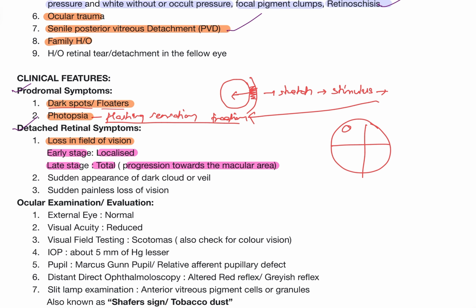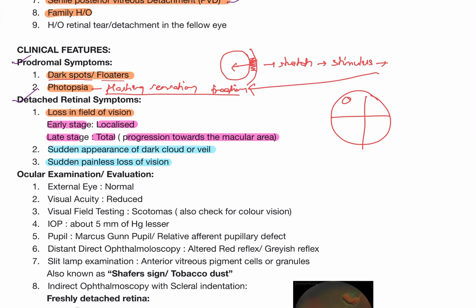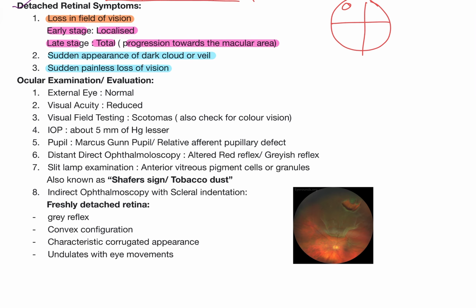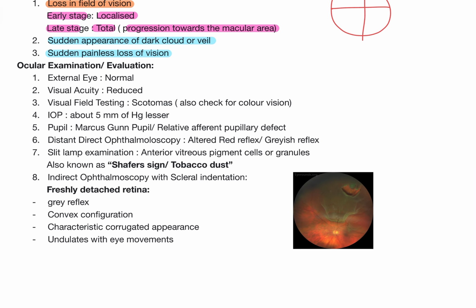And then sudden appearance of some black dark cloud or veil in their sensation. That is also one thing which is there. And then sudden painless loss of vision. That is also a clinical symptom which is complained by the patient. Sudden painless vision loss sometimes you can see in retinal artery occlusions also. Yes, that is the one thing which you need to be mainly concerned about in sudden painless vision loss.